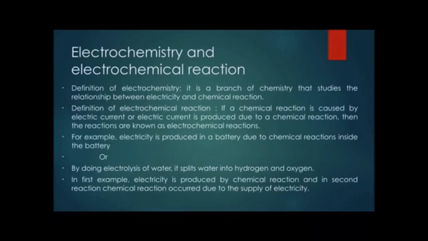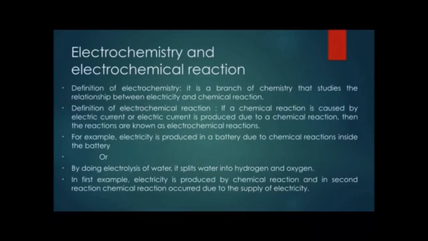Those kinds of reactions are known as electrochemical reactions. So the definition of electrochemical reaction is: if a chemical reaction is caused by electric current or electric current is produced due to a chemical reaction, then the reactions are known as electrochemical reactions. So there are two types of electrochemical reaction.